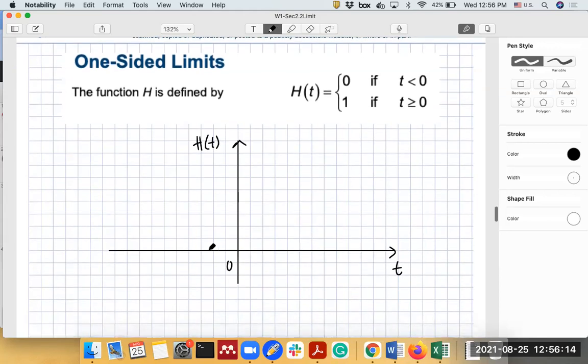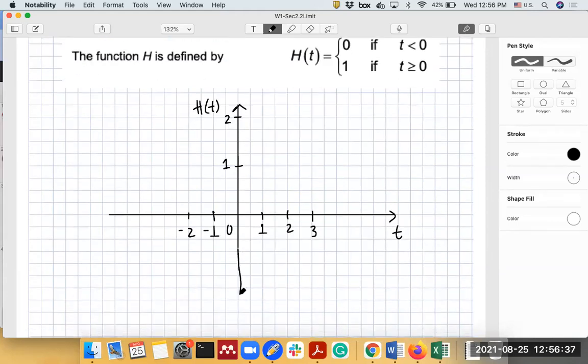And if this is -1, and here 1, 2, 3, -2. And suppose in this axis we call it 1 right here, 2 right here, -1.